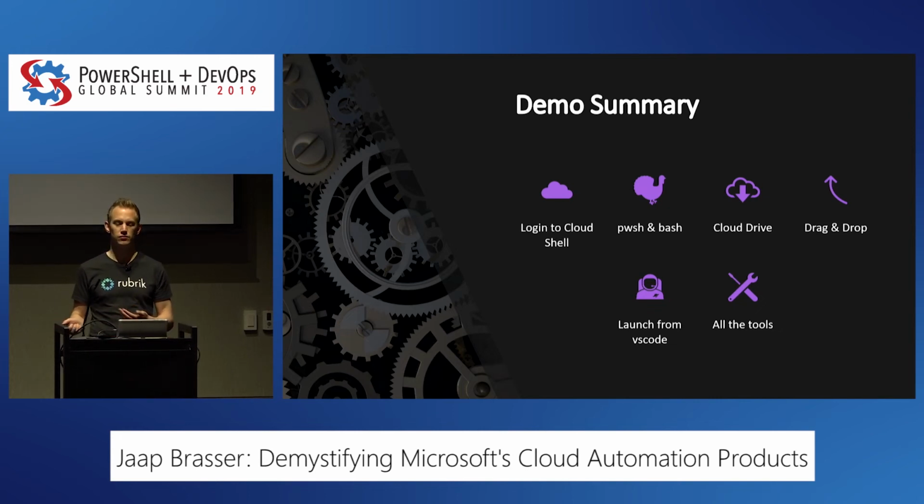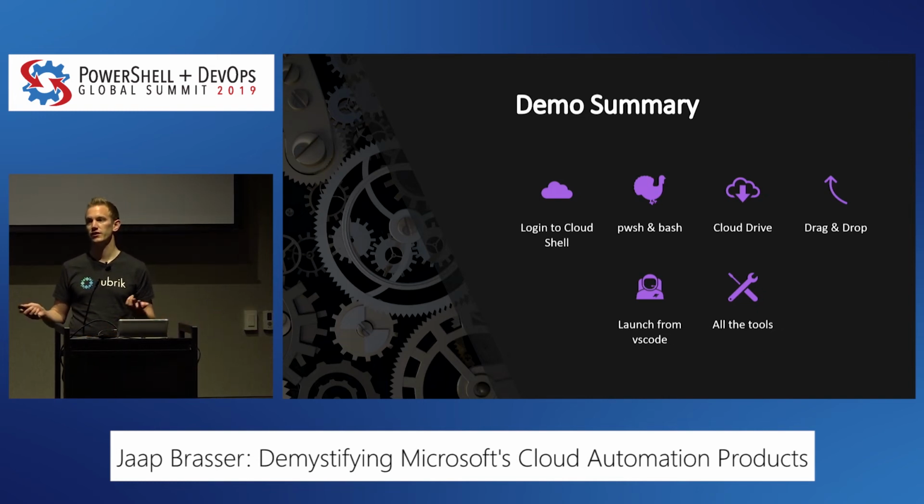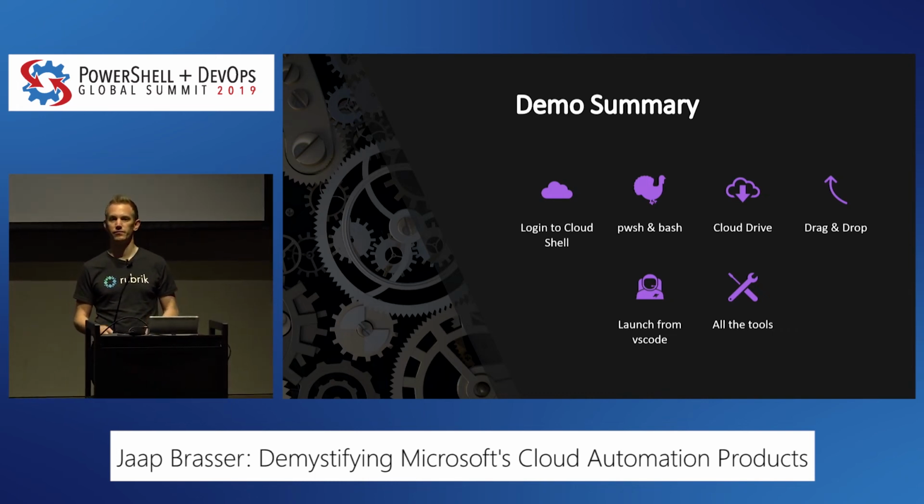Drag and drop is cool. It's also available from VS Code. And the nice thing is, if you go to docs.microsoft.com, try it in Azure Cloud Shell, and it will actually connect to your cloud environment. And you can go to the tutorials, just copy pasting stuff to get the hang of whatever technology you're trying to learn.